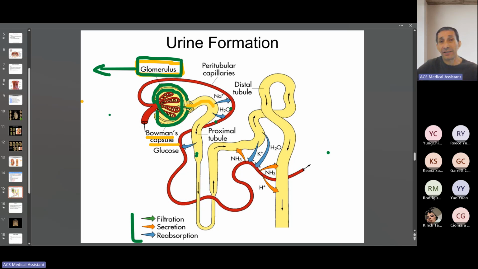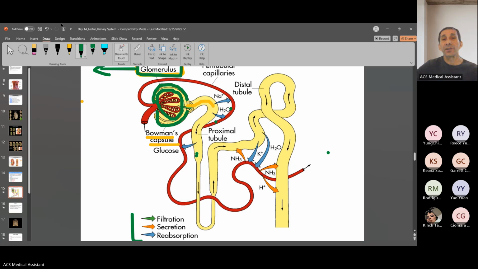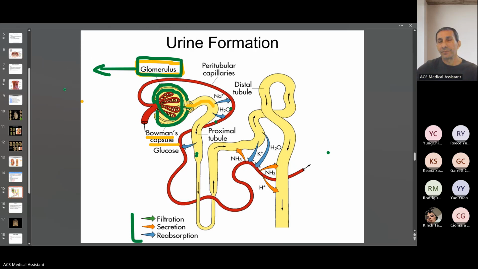Or vice versa, it retains things that were supposed to be filtered, but it doesn't filter them. So then all those wastes supposedly are going to move to these tubes. So these are called the convoluted tubules. Now, why do we call it convoluted? Because they are going around, intertwining, twisting, if you will.